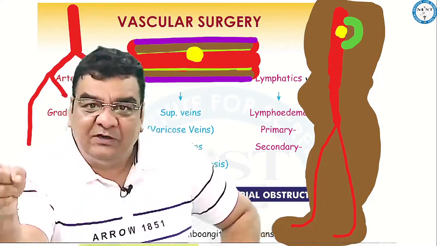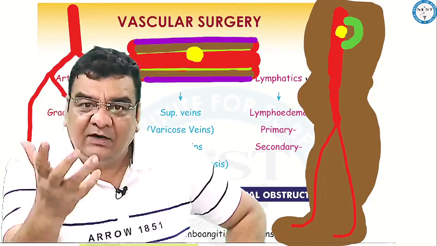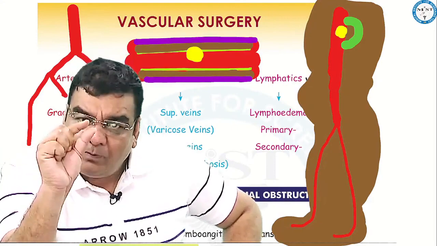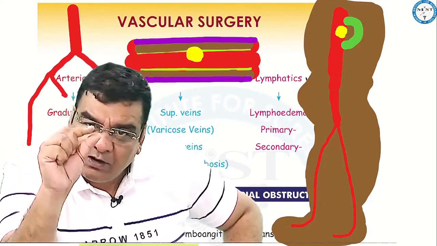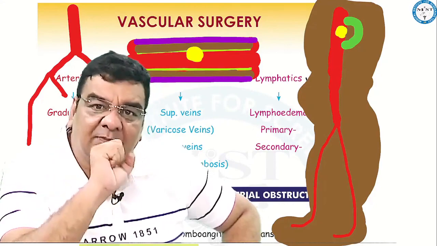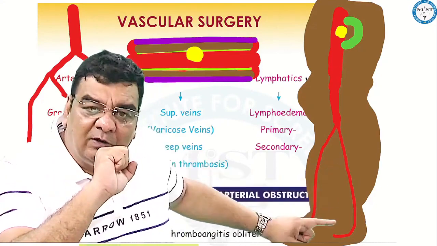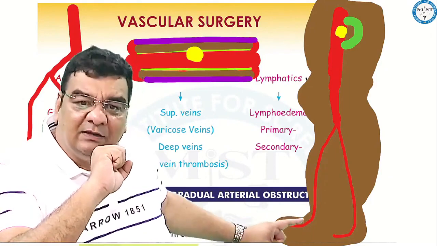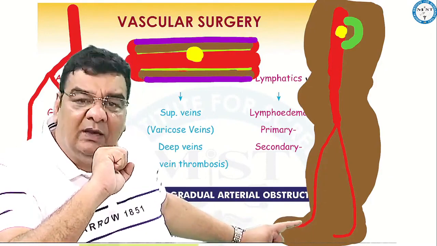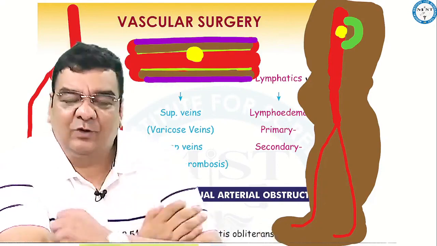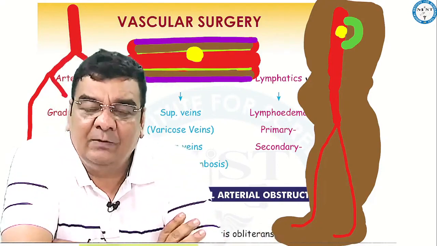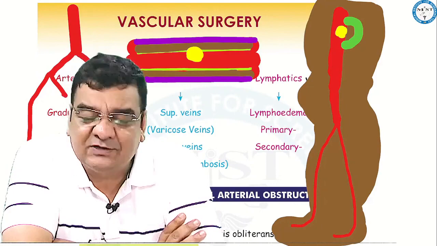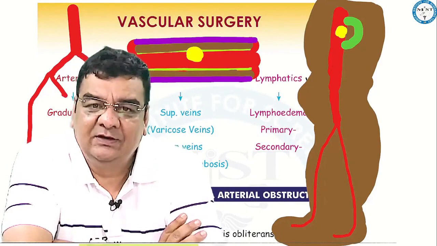Because of exercise, the demand is increasing and these small bypass channels will not be able to meet the increased demand. So they are not able to supply blood because of increased demand here, and then these distal pulses will disappear. This is called a disappearing pulse. This is because of collaterals.